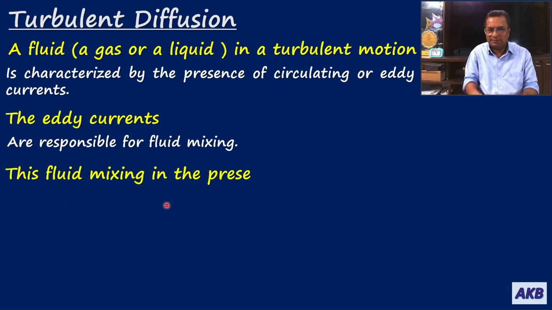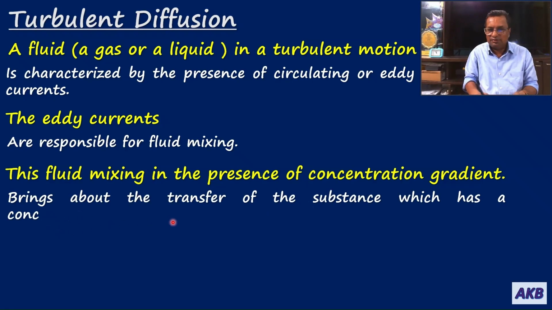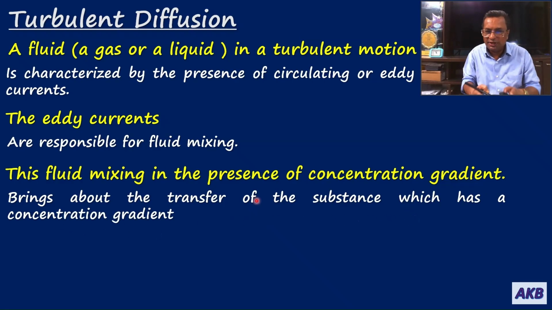And this fluid mixing, in the presence of a concentration gradient, when chunks of fluids mix with each other due to turbulence and there is a concentration gradient, this combination will result in transfer of the substance which has the concentration gradient. So fluid mixing due to eddy currents under turbulent conditions plus concentration gradient of a substance will bring about its transfer.